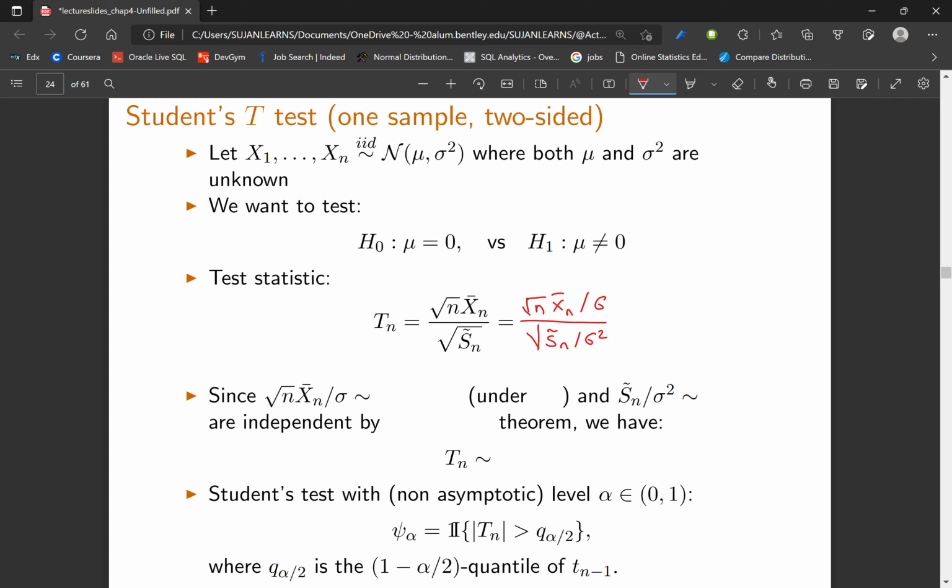And we can further say that under H null, the statistic is square root of n times X n bar under mu null divided by sigma, divided by the square root of the unbiased sample variance divided by sigma square. We can say this.